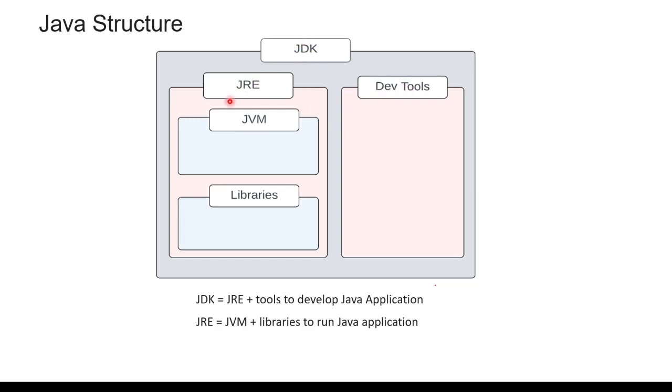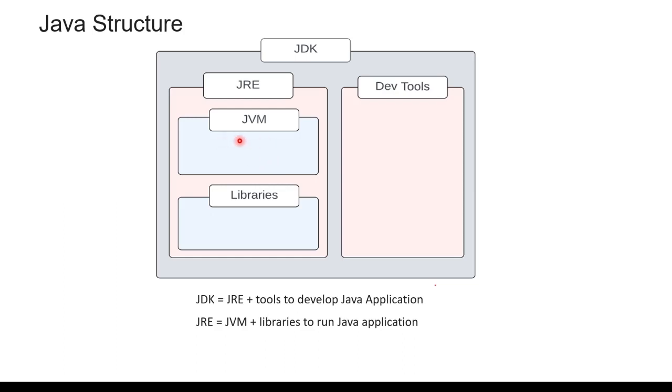So JDK equals JRE plus dev tools, and JRE equals JVM plus libraries. With the help of JDK, JRE, dev tools and JVM, we will write our code and execute our code. Now we will see the features of each module.